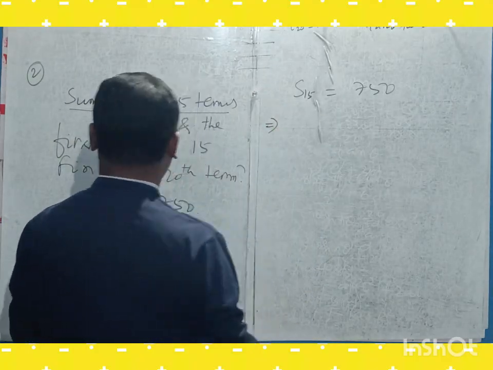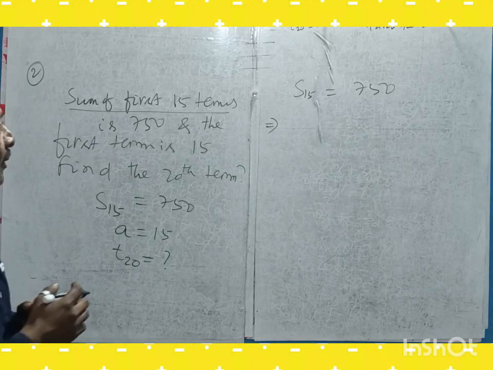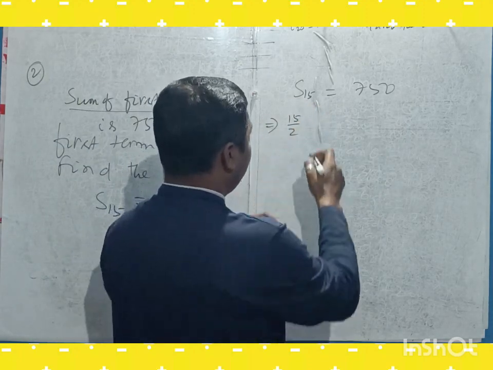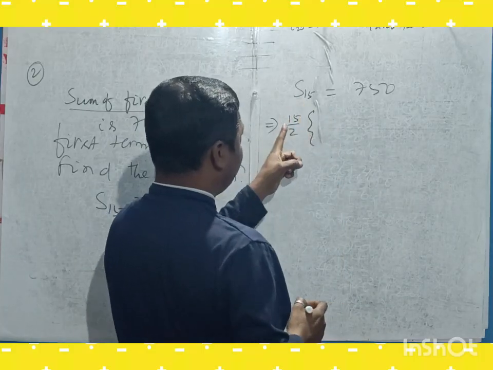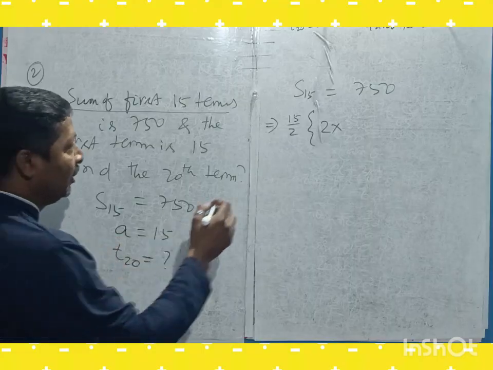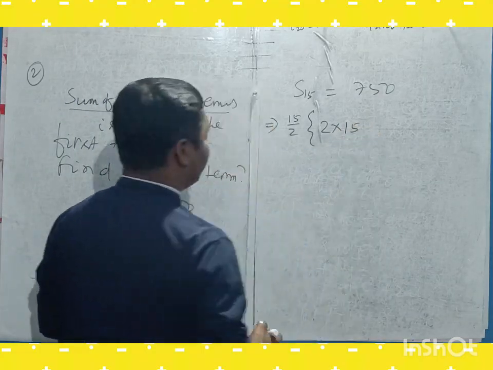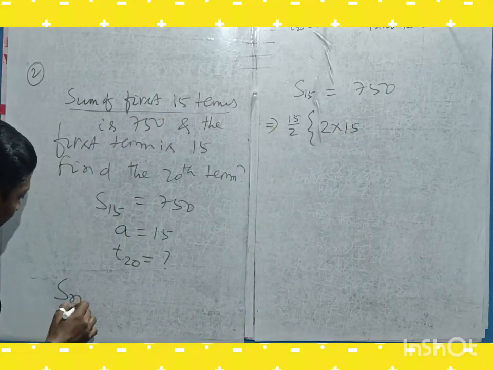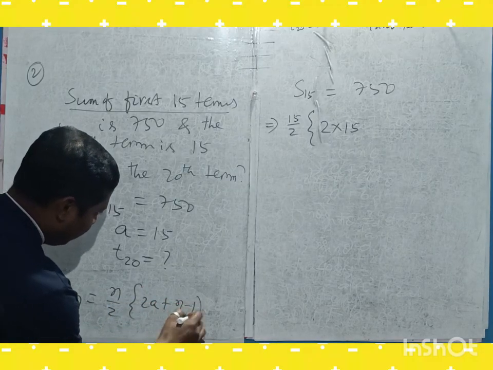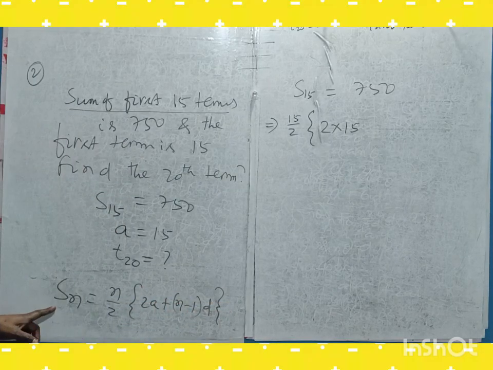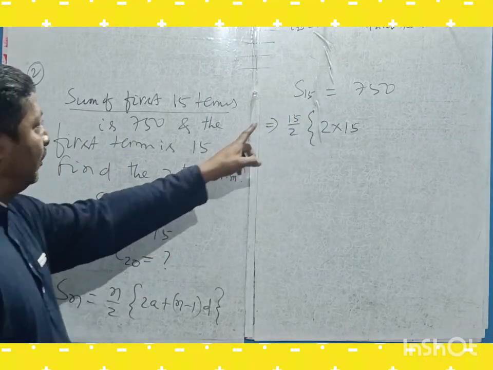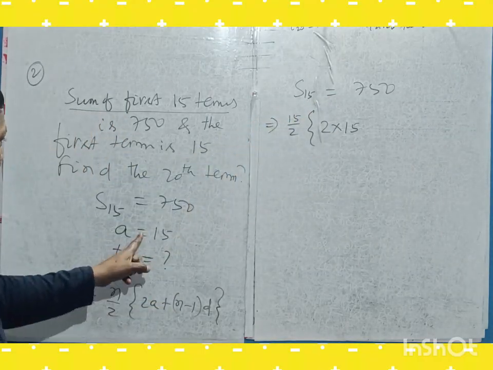Sn is n by 2 into 2a plus n minus 1 into d. n is given 15, so 15 by 2 into 2 into a, and a is given 15.